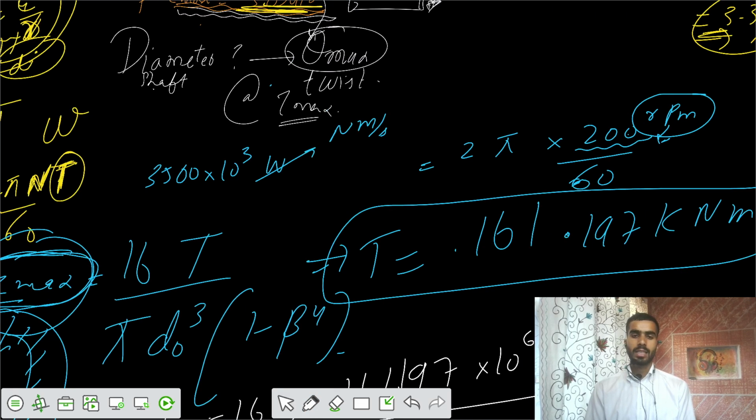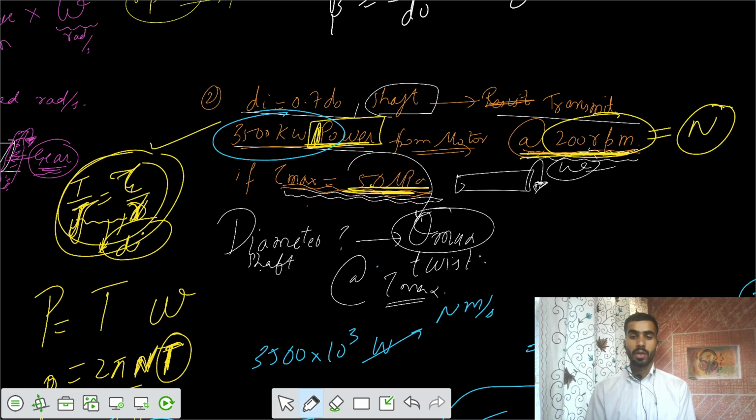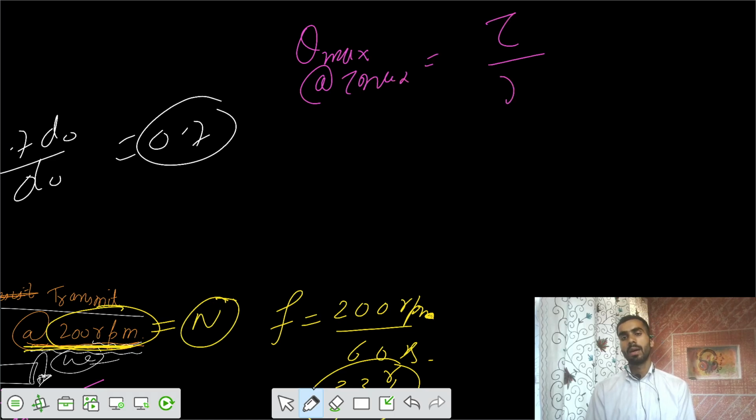Now the next part of the problem is that you have to calculate theta also. You have to calculate the maximum theta allowed at the rate of tau max. So if I write theta maximum at the rate of tau max, tau by r equals G theta by L. That means L goes upwards, so theta equals tau L divided by G r.